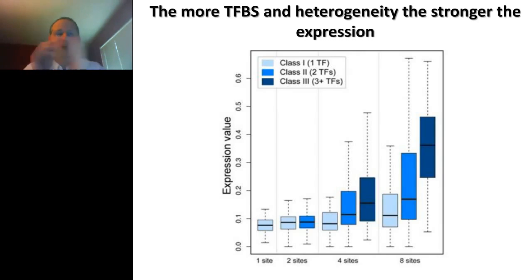So you not only have transcription factor A, let's say, but you also have B and C and D. So the more different binding sites, the stronger you are. Overall, the more transcription factor binding sites we put on the sequence, the stronger the enhancer is, and the more different they are, heterotypic as we call them, the stronger your enhancer activity.